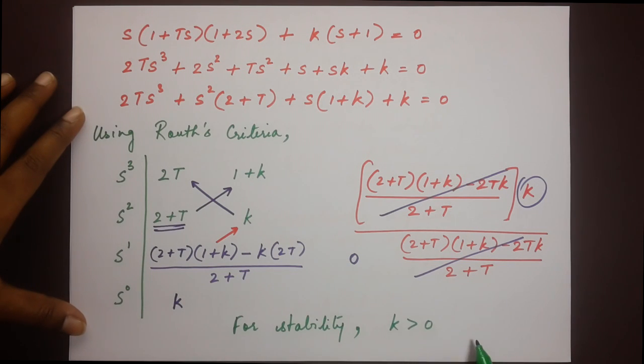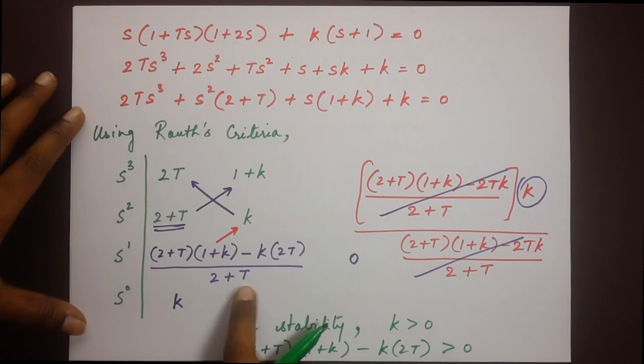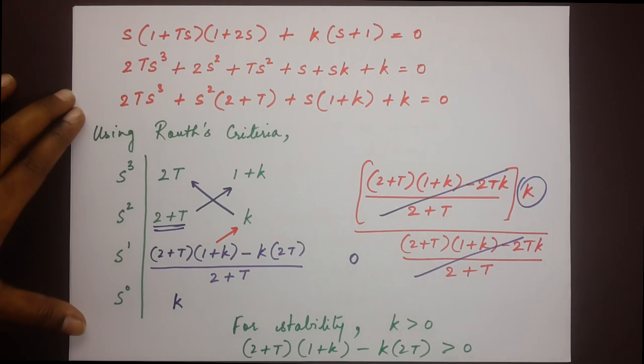K should be greater than 0. Therefore, this term here, that is 2 plus t into 1 plus k minus k into 2t, should be greater than 0. The entire thing divided by 2 plus t should be greater than 0. If you take the denominator to the other side, it's anyway 0. So we're going to concentrate on the numerator here. Okay, so it's 2 plus t into 1 plus k minus 2kt is greater than 0.